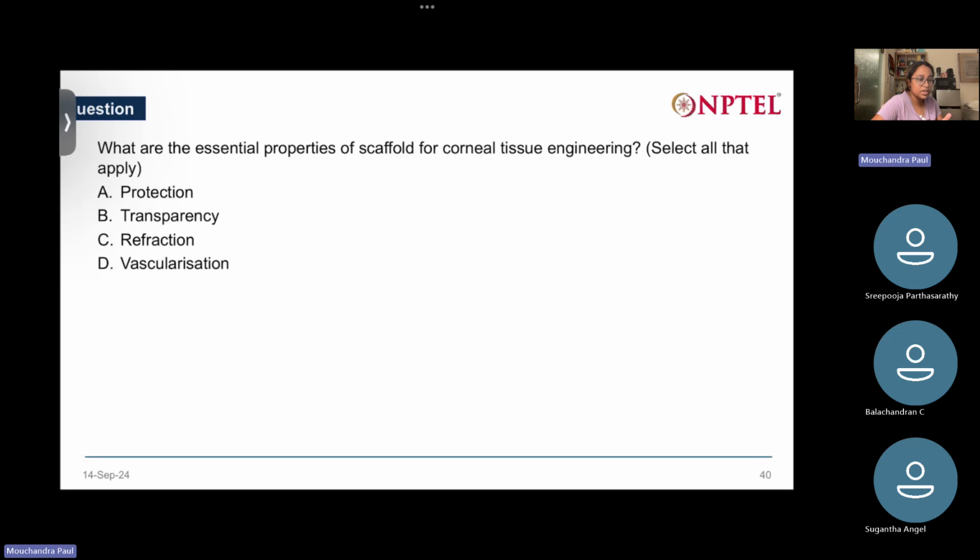You have to first think of the properties of the cornea that help you see, and mimic those properties in a scaffold so that it can act as a replacement or as a conduit through which the repair process will happen.